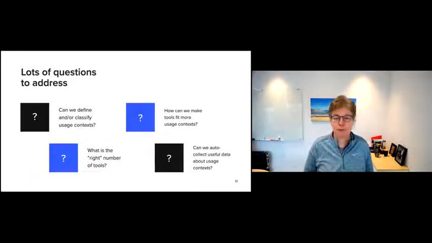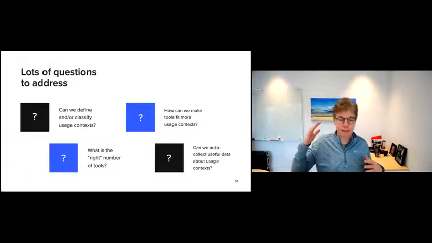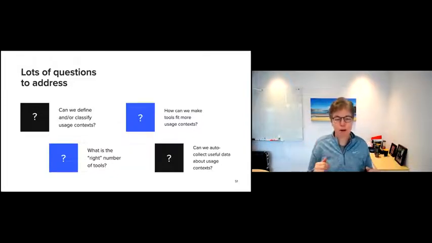Are we not putting enough tools into their hands? How can we make our tools fit themselves into the usage context? Not just in terms of is somebody a beginner or an expert, but literally, what does the tool need to do so that somebody finds it as a regular part of their workflow? The phrase I like to use is that the tools are working for the developer instead of the developer working for the tools.